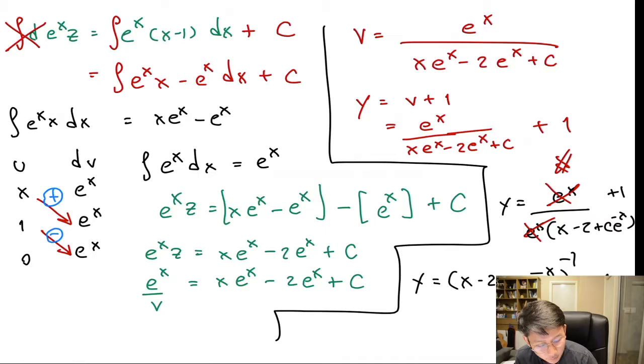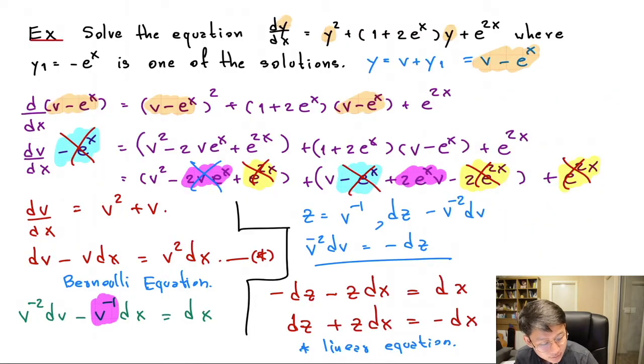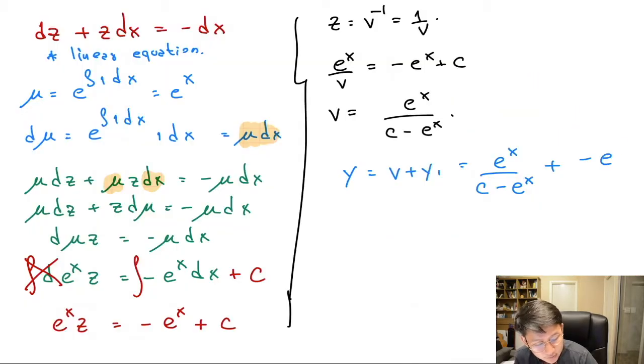What is y1? y1 is minus e to the x. And that is actually the solution.